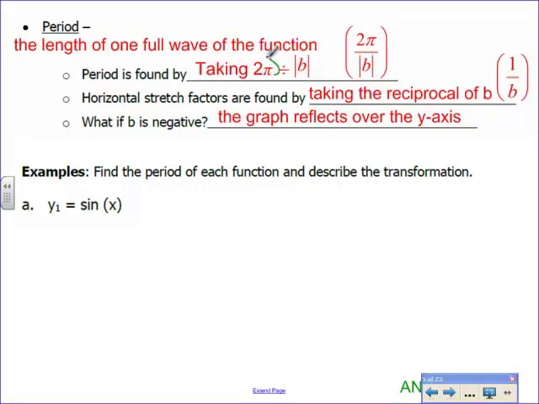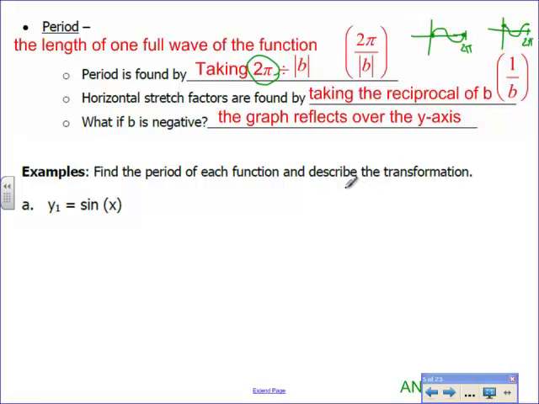Well, 2 pi comes from the fact that the original functions, sine and cosine, both have a period of 2 pi. So either sine from midline up to midline down, or cosine from its maximum to another maximum. So one full wave is 2 pi for both of those.